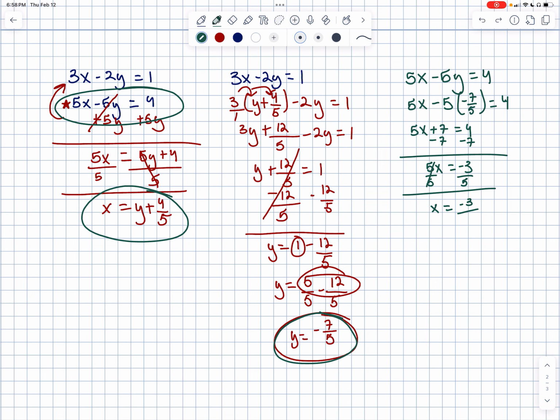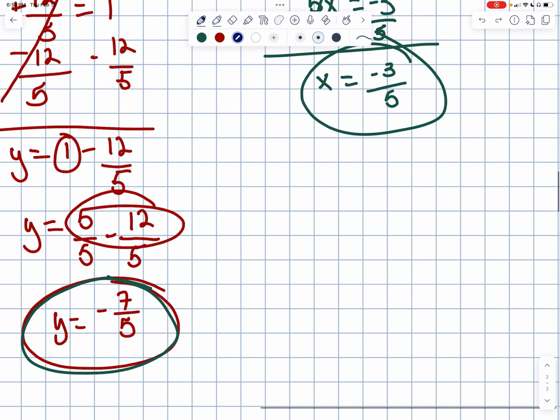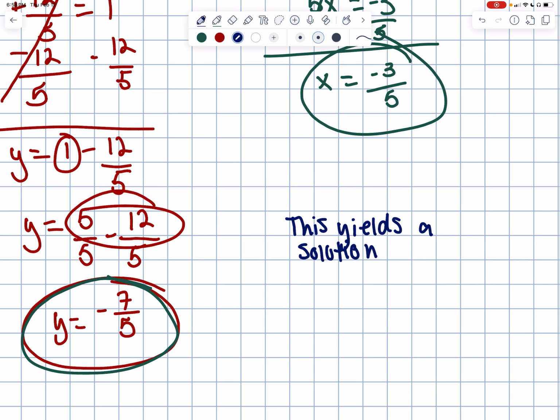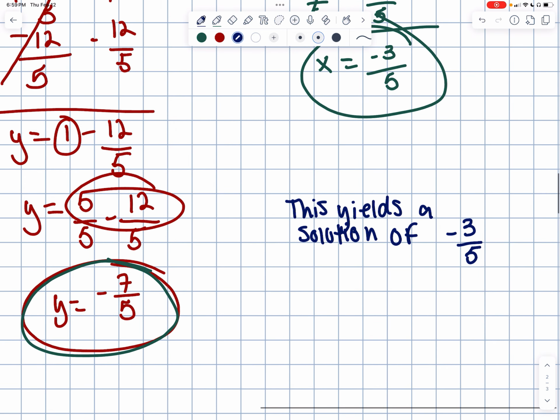So my answer is going to be, this yields a solution of negative 3 over 5, comma, because it's a coordinate, negative 7 over 5.